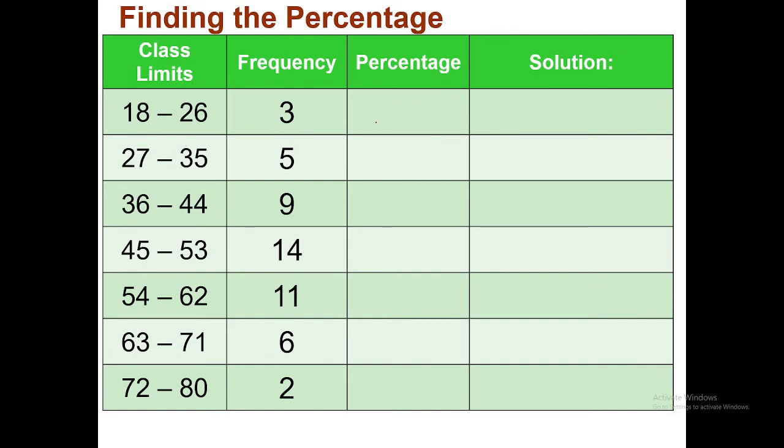We have discussed this a while ago. How many did we end with here, Section Galileo? 50. So how do we get the percentage? What was our formula? The percentage, we have discussed this in qualitative. Yes, go on.